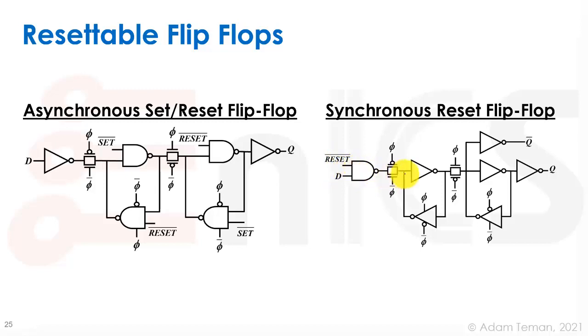This of course will only propagate through the flip-flop once we enable the transmission gates on the positive edge of the clock. So this is not asynchronous. It happens only on the clock edge. There are 2 large philosophies of how to design sequential circuits, with asynchronous reset or with synchronous reset, and these are the elements that support those 2 types of design approaches.